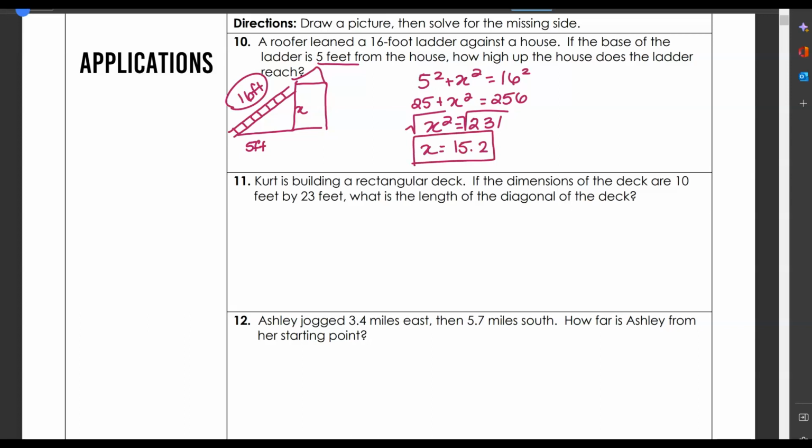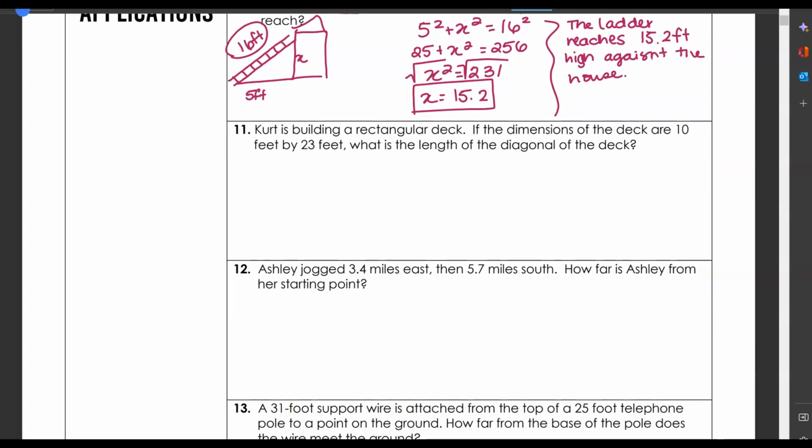Now, since this is a word problem, our answer should be in words, so we'd say that the ladder reaches 15.2 feet high against the house. Okay, all right, so go ahead and try number 11.